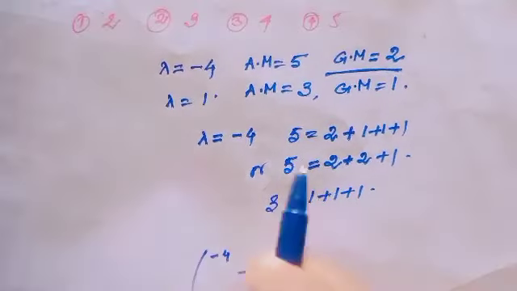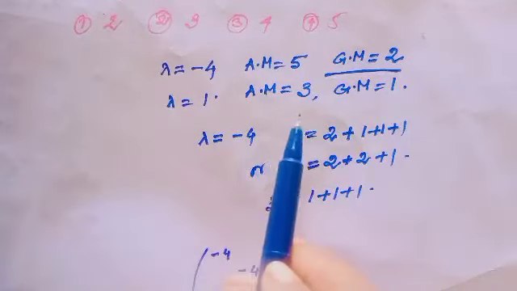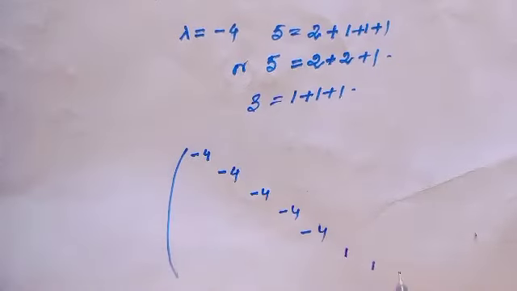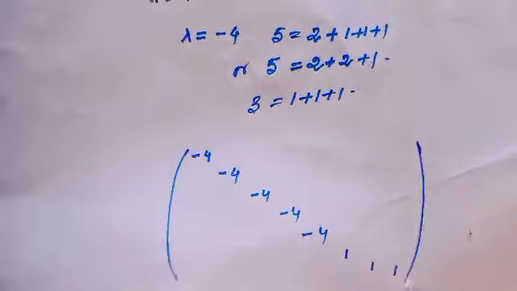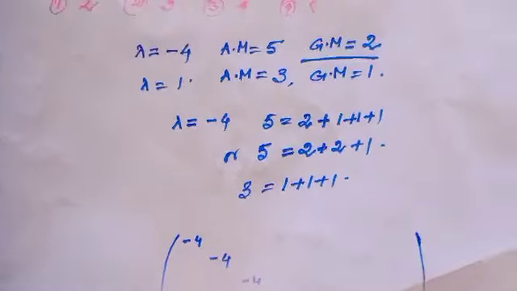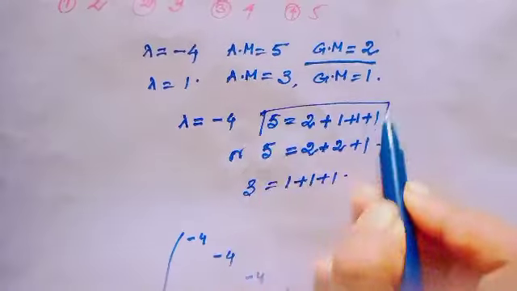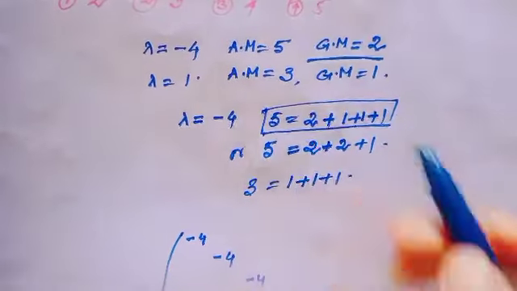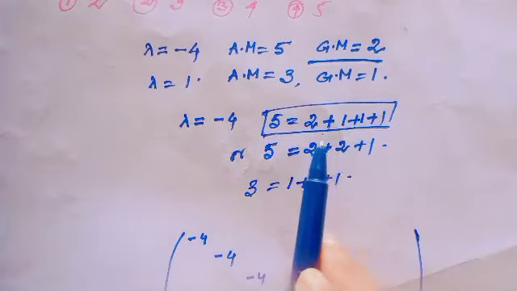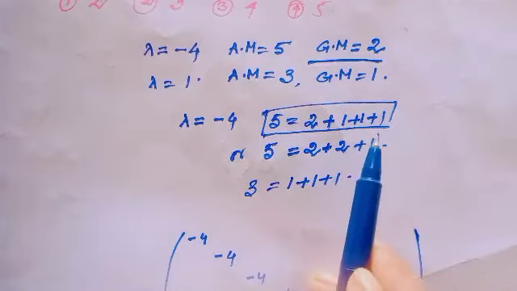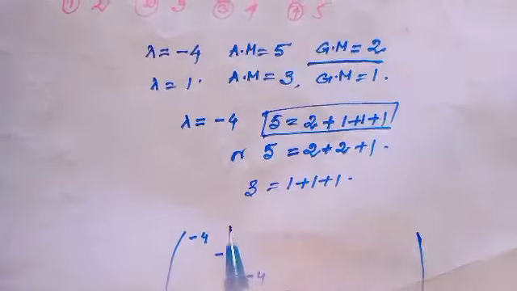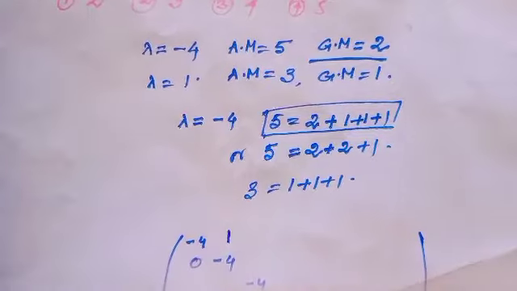And since the algebraic multiplicity of lambda equal to 1 is 3, here it would be 1, 1, 1. And if we consider this block, since here the partition is 2 plus 1 plus 1, that means here would be 1.